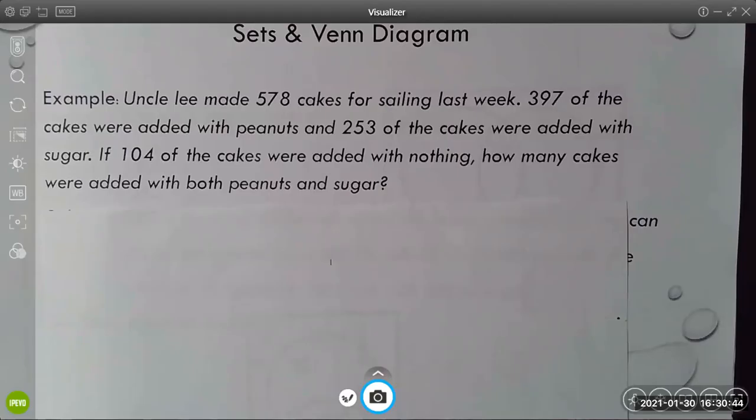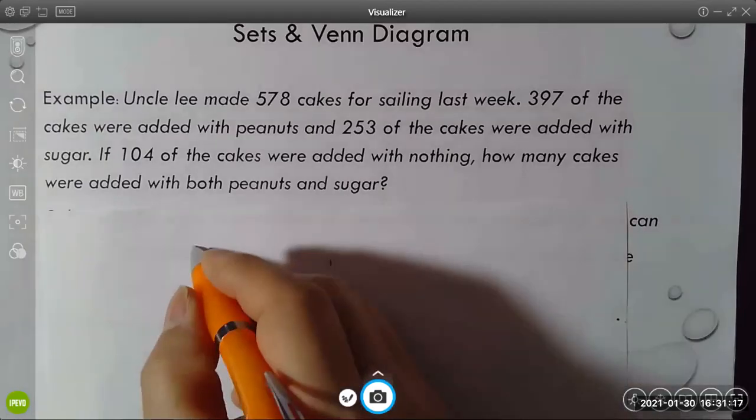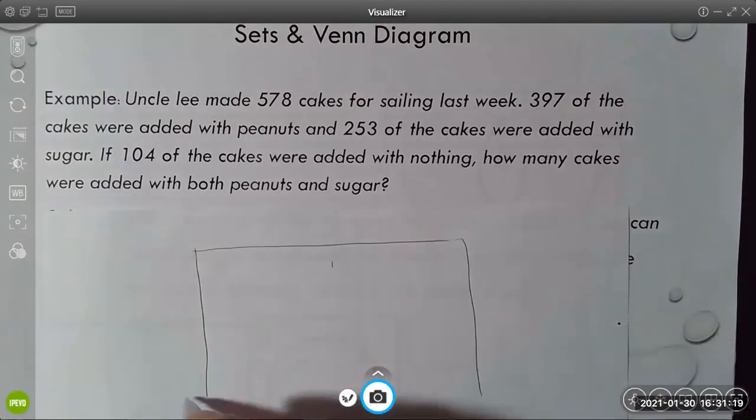Or they have both, which is the intersection of those two sets. And some cakes have nothing added. That's a third group. So the structure of this Venn diagram is exactly the same as the previous example. The only difference is that instead of two colors of jelly beans, we have two different additions, sugar and peanuts. Otherwise, there's no difference.